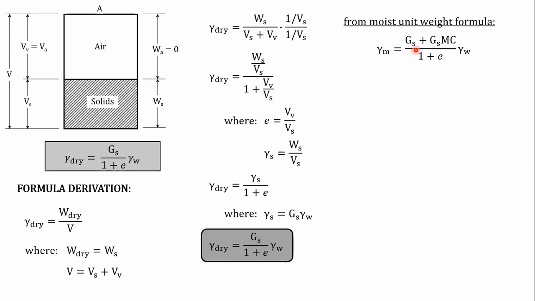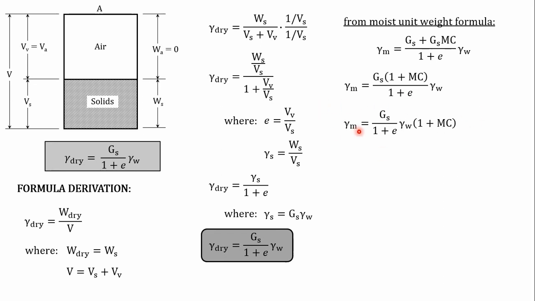Since GS is ma-factor siya, i-factor natin siya. So moist unit weight is equal to GS times 1 plus moisture content, divided by 1 plus E times unit weight ng water. Ang next step natin is i-rearrange natin siya: moist unit weight is equal to GS over 1 plus E times unit weight of water times 1 plus MC. Walang nabago dyan.